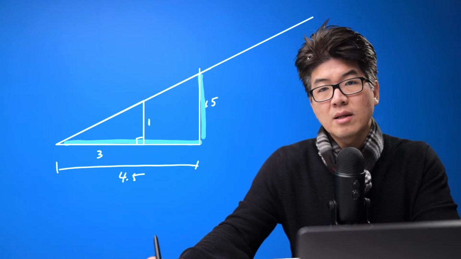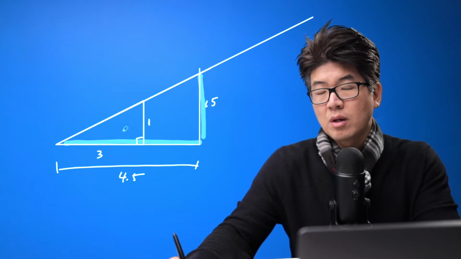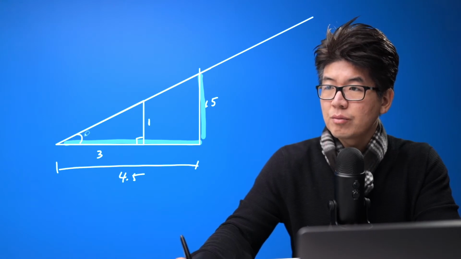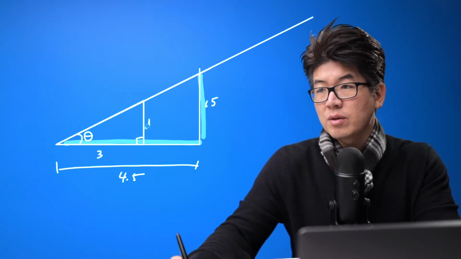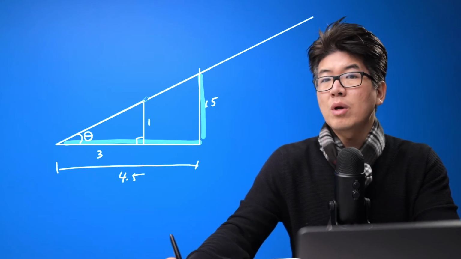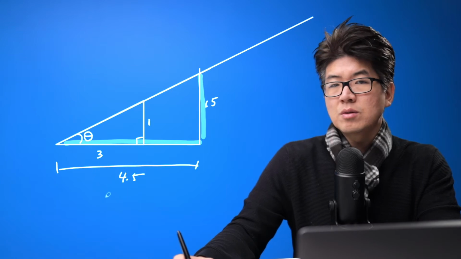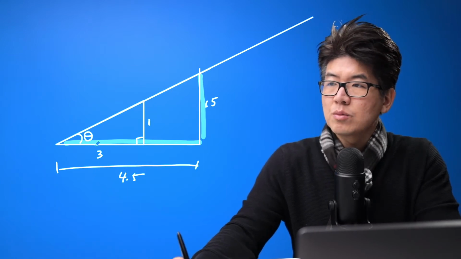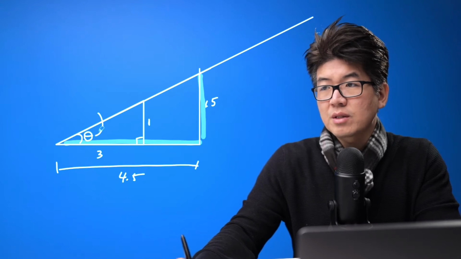We can do that with any size triangle. The only constant thing here is this angle. The lengths are not constant, but the ratio is. So we want to communicate that the ratio is 1/3 given this fixed angle.